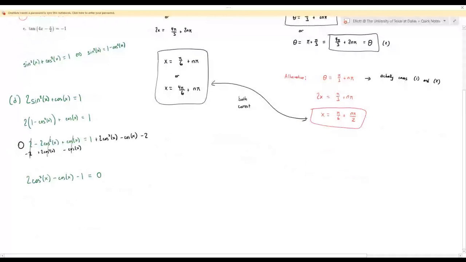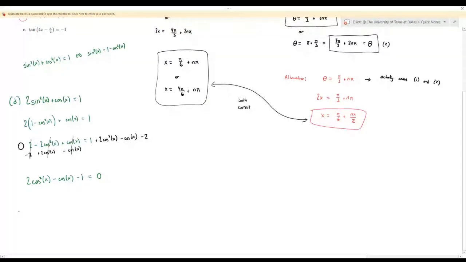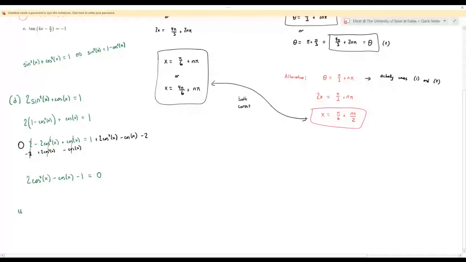So then let me see here. So then, yeah, we have a quadratic equation. Now this next part, you don't have to do it, but I think some people will find it useful.